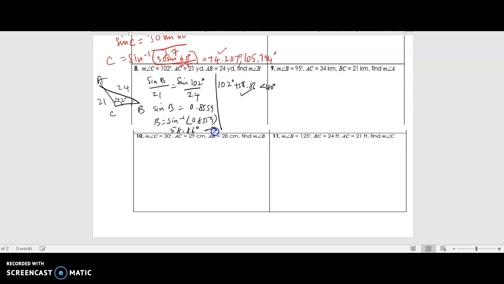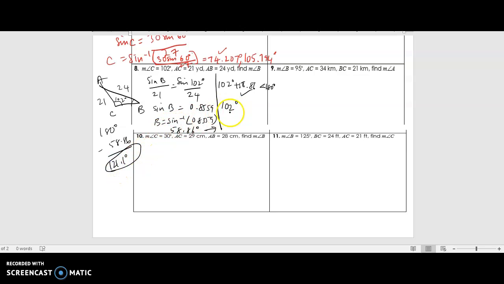So we need to find the other angle for this. So first we have to subtract from 180. So that would be 121.1 degrees.